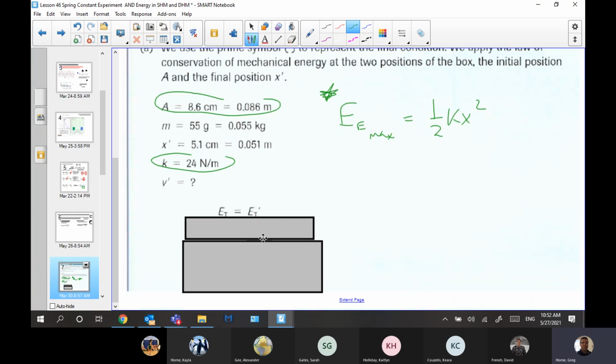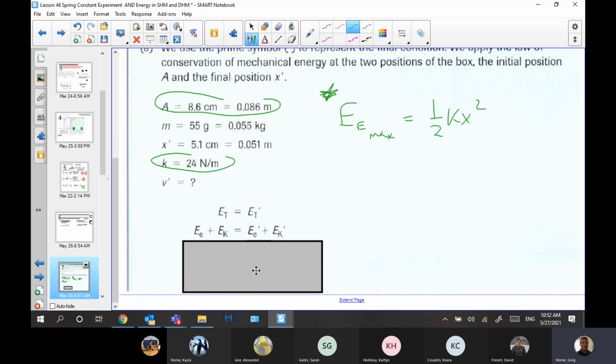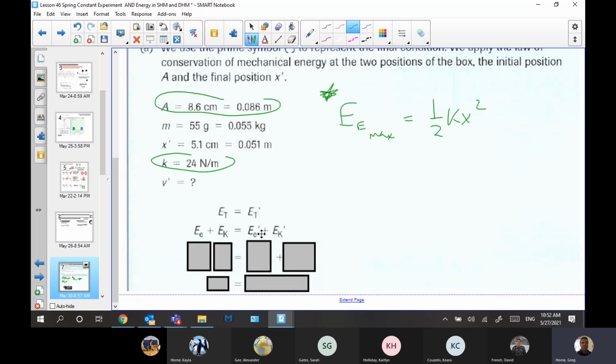So let's show what we got here. We'll trust that this would have been done here from a textbook version, but we'll analyze it out. So they're saying that the total energy you start with is the same as the total energy that you end up with, right? The idea of prime is final, right? So this is initial, and this is final.